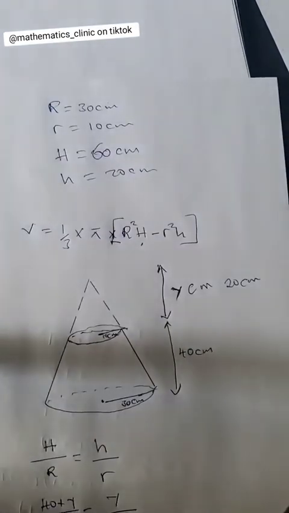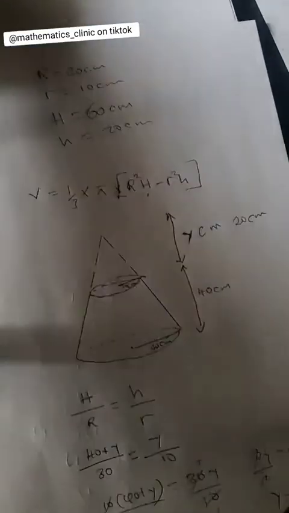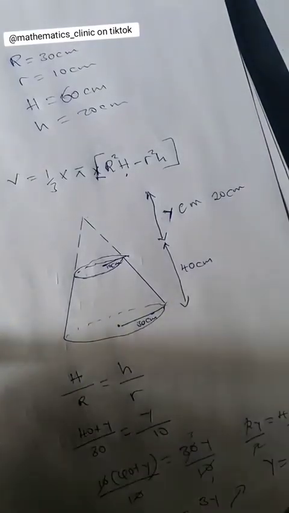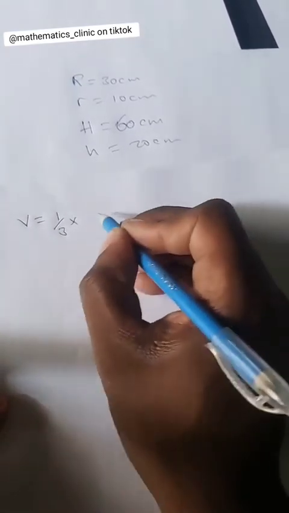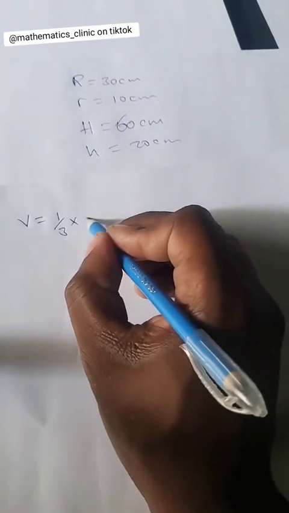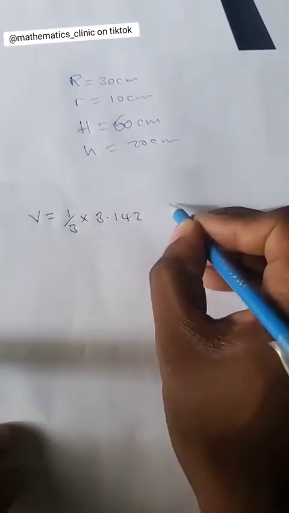Okay, we only get to replace. So I'm going to use this paper so that now we pick up from here. We'll say volume is equal to 1/3 times pi, which we can take to be 3.142, open bracket.